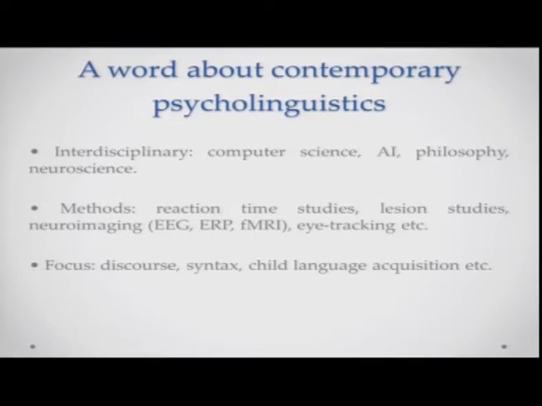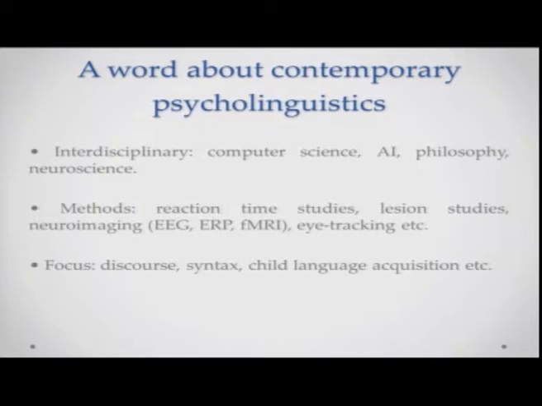Now just a little bit of a word about what contemporary psycholinguistics looks like. Other than having input from psychology and linguistics, it is also interdisciplinary in the sense that it derives from computer science, artificial intelligence, and philosophy, and there are also a lot of neuroscientists working in their labs to understand how language is produced or comprehended.